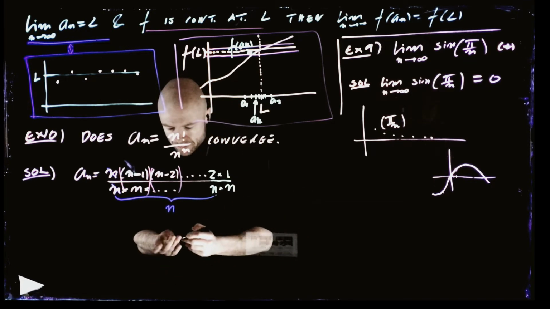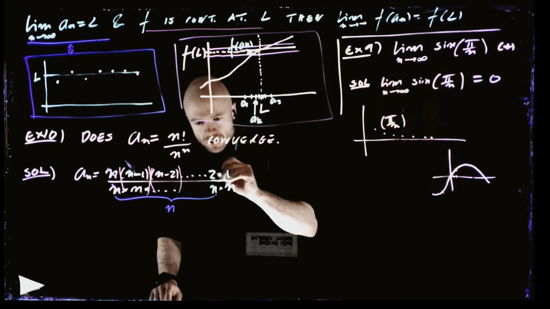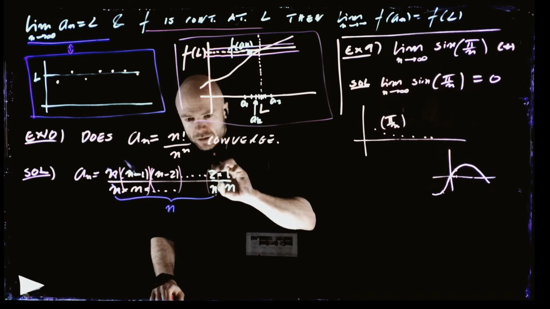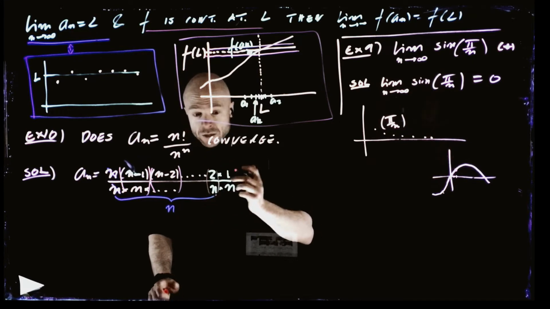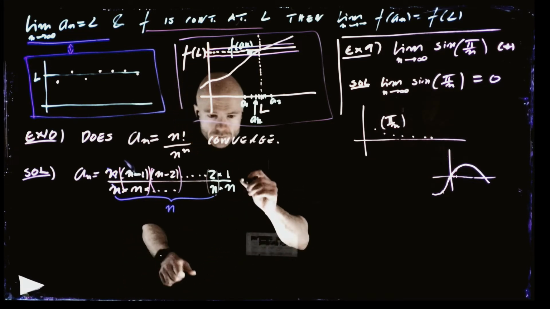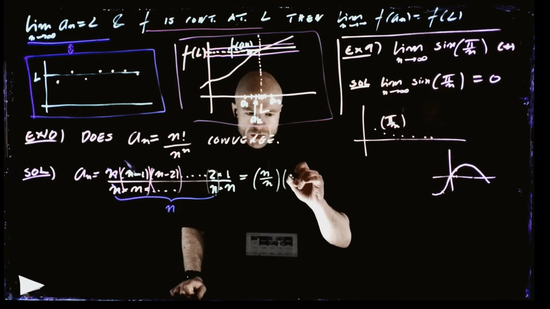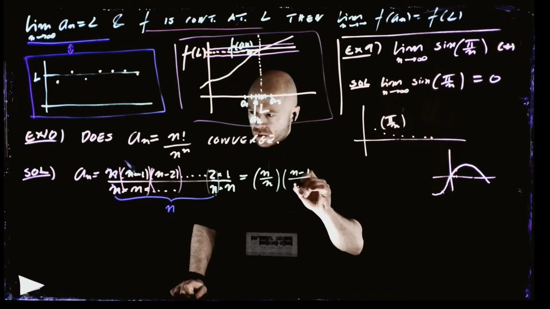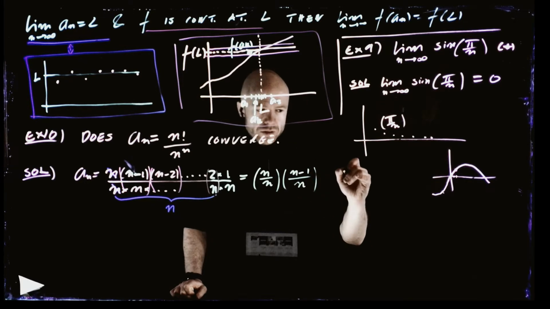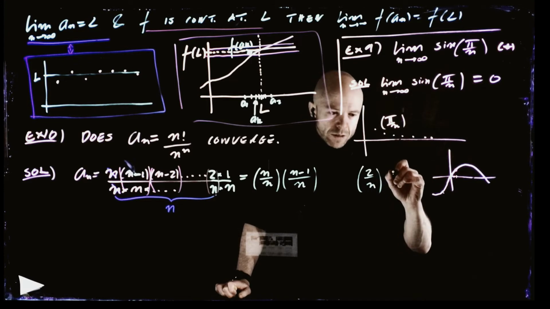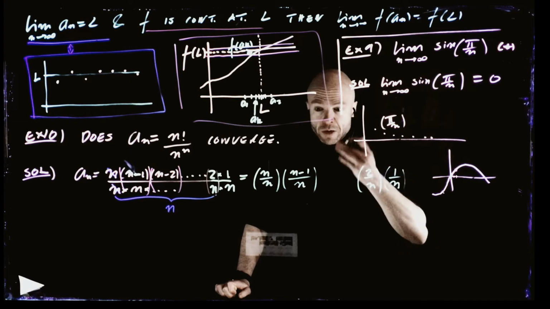So if we match terms like this, we have that this is again less than 1, right? So we could have rewritten this as n over n times n minus 1 over n, and so on and so on, all the way to 2 over n, and then the final term is like this. So that's just rewriting the stuff, right?